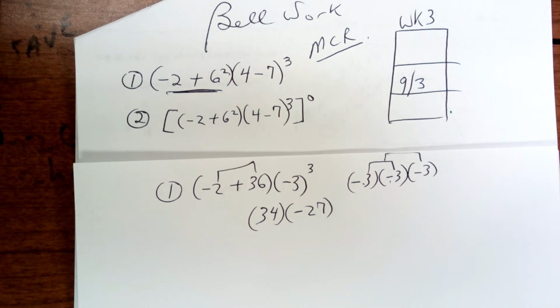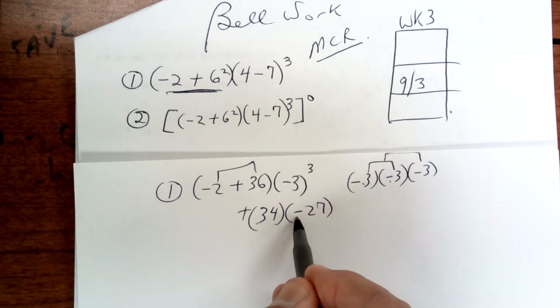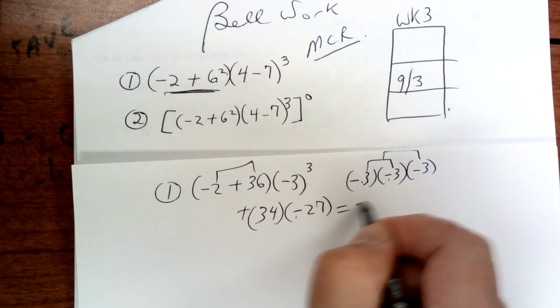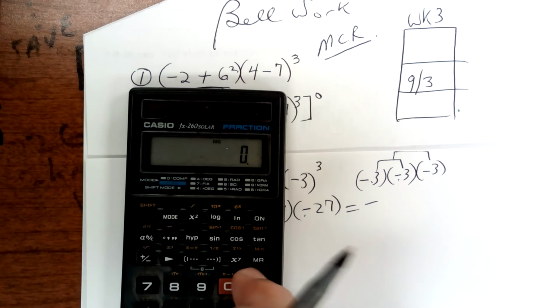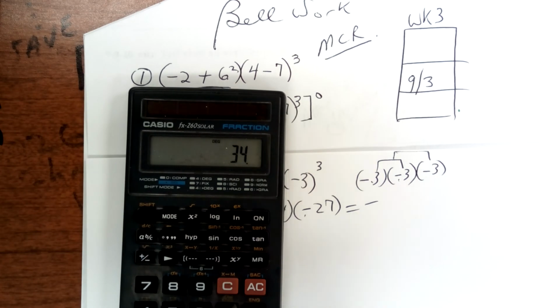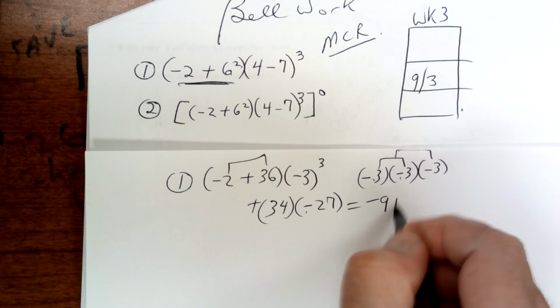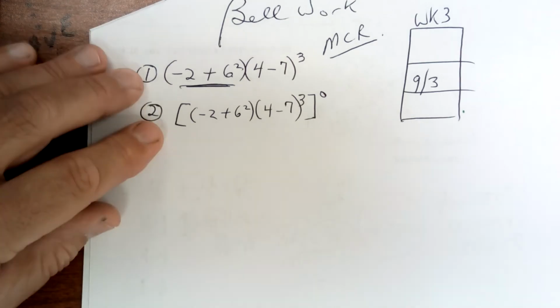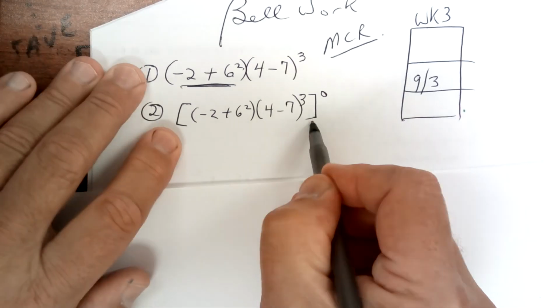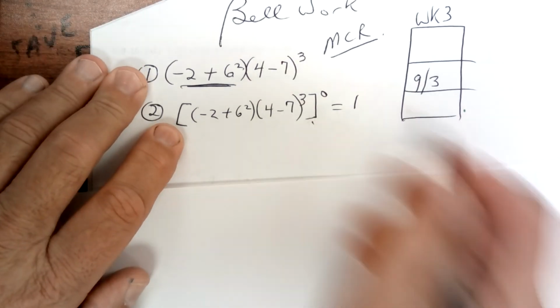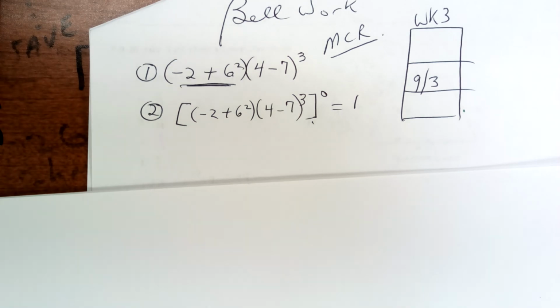So you see this is a positive and a negative. That's 1 negative. I know my answer is a negative. So 34 times 27, and that's going to give me 918. So a -918 on that one. This one right here, anything to the 0 power, you see those brackets, is 1. Anything to the 0 power is 1.